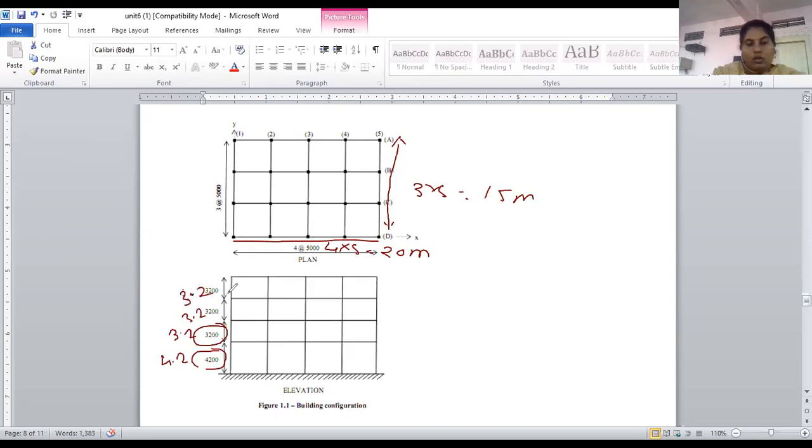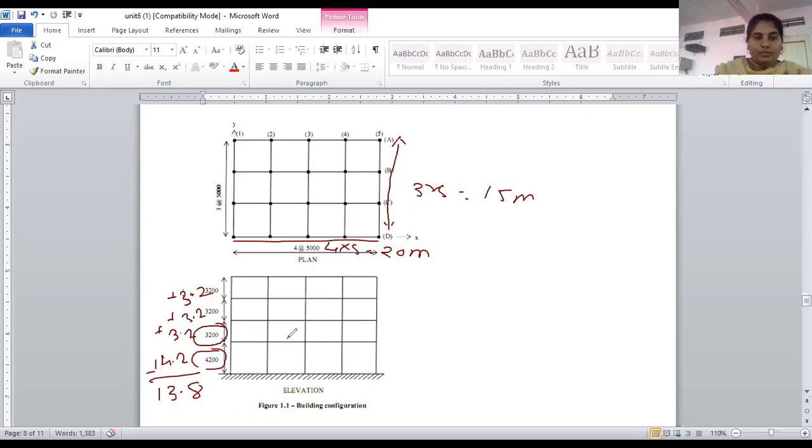So the total height is 3.2, 3.2, 3.2 plus 4.2, that is 13.8. So the total height of the building is 13.8 meter.